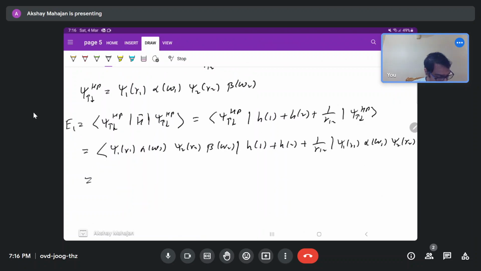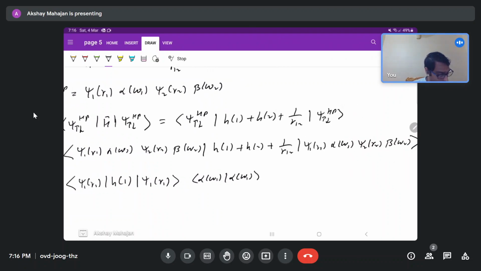So this h of 1 we just apply on the r1 coordinates, so I can write it as psi1(r1), and here also I have psi1(r1). Then we have alpha(omega1), and then we will have psi2(r2), psi2(r2), and then beta(omega2) and beta(omega2).